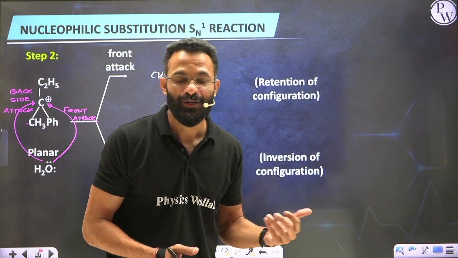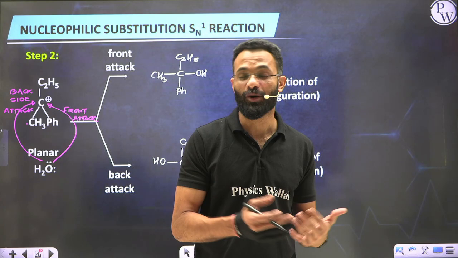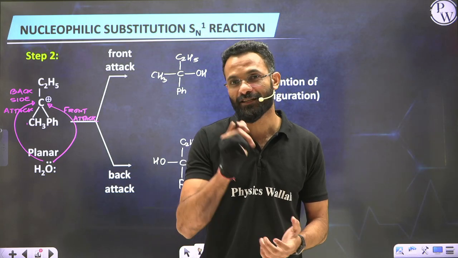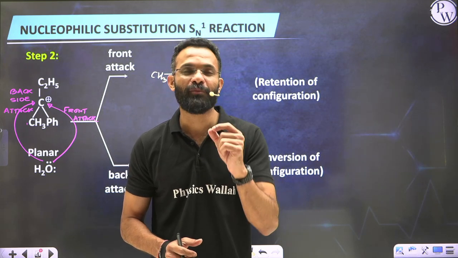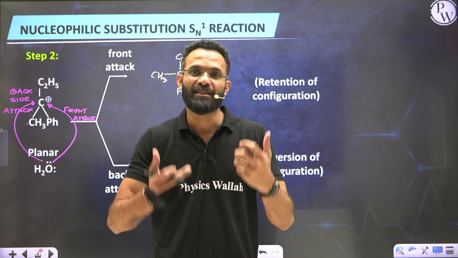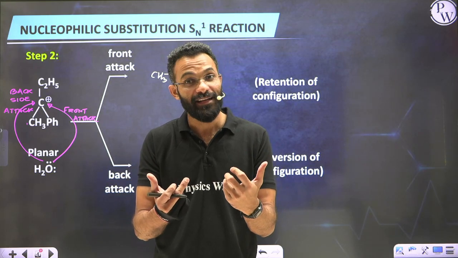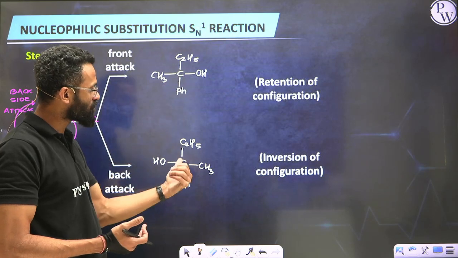Right, guys? What we have learned in optical activity, that is optical isomerism in stereoisomerism, is that there's a term called racemic mixture. It is a mixture of equimolar amounts of dextro and levo isomers of the same compound.